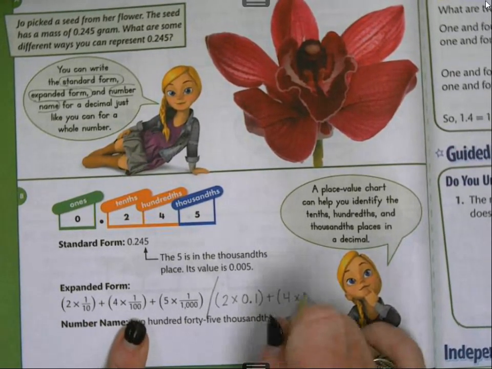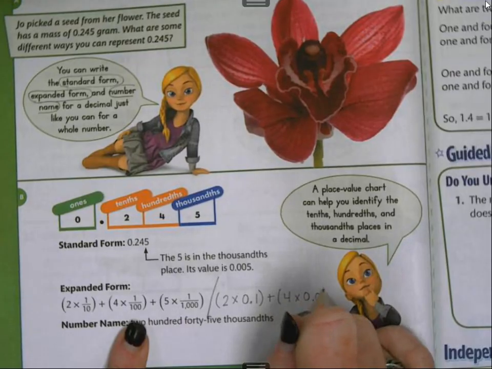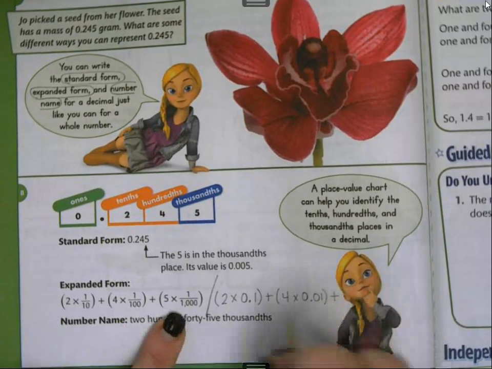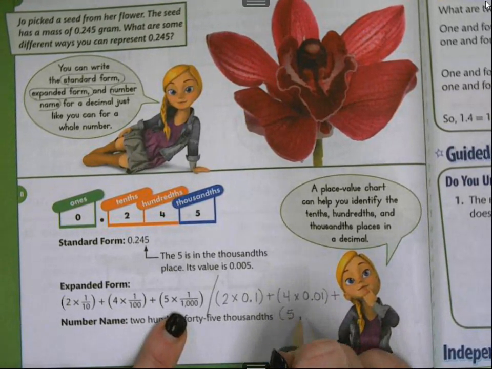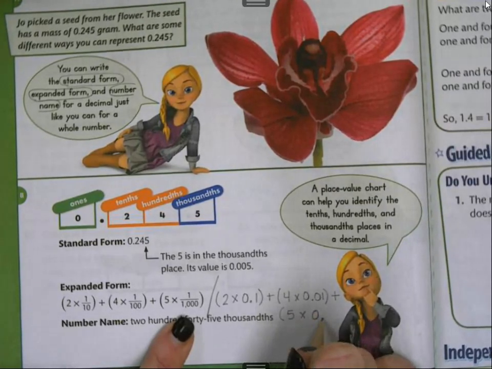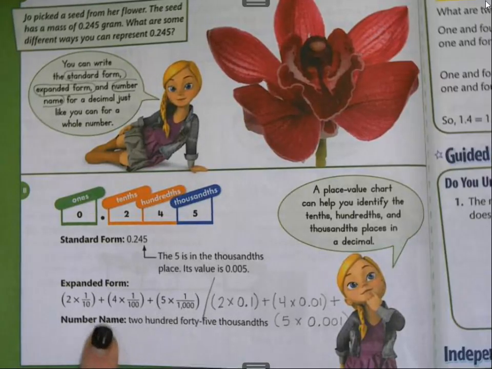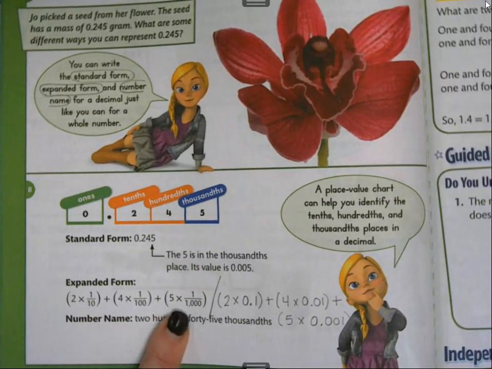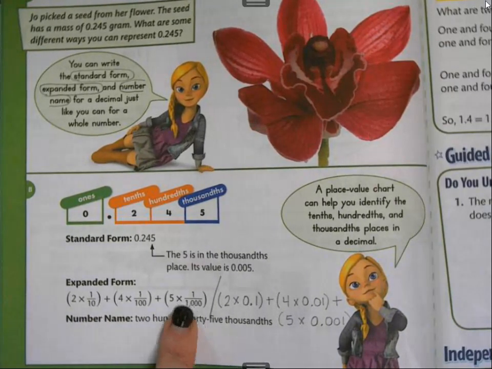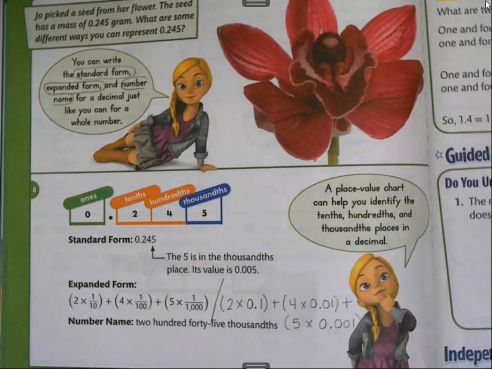So that would be times 0.01. And we could add that to the 5, which is in the thousandths place, which we would write 0.001. So expanded form could be written with your decimal numbers shown multiplied by fractions or the decimal place values, okay?